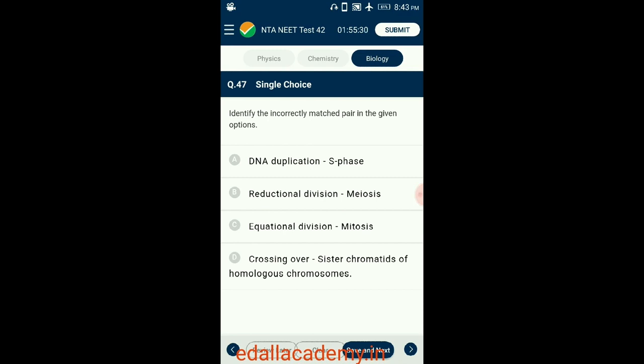So the answer for this question is option D. Crossing over between sister chromatids of homologous chromosomes is incorrect. So the answer for this question is option D.